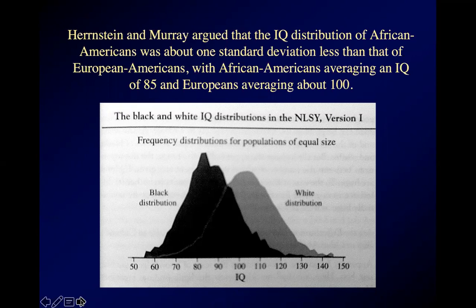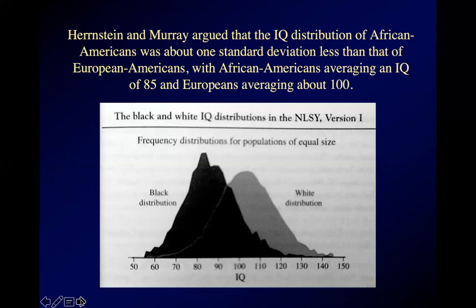What Murray and Herrnstein claimed is that you can see there's a definite difference between IQ in the European American population, where it looks like the peak of the bell curve is at about 105, and the African American population, where the peak of the bell curve is about 80. In other words, the African American population averages about 1 standard deviation less intelligent than the European American population.